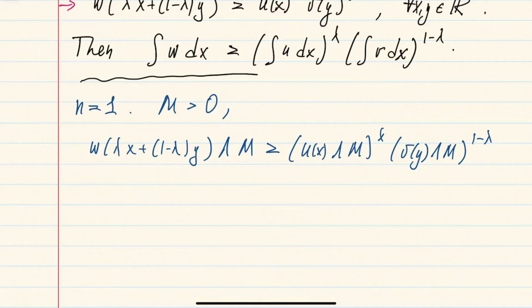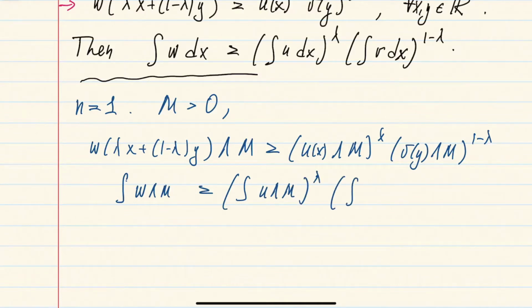And then if you can conclude that for these truncations the theorem works, so the integral of the minimum of w and m is greater than the integral of the truncation of u to the lambda times the integral of the truncation of v to the power 1 minus lambda, then you can conclude by letting m go to infinity and using the monotone convergence theorem.